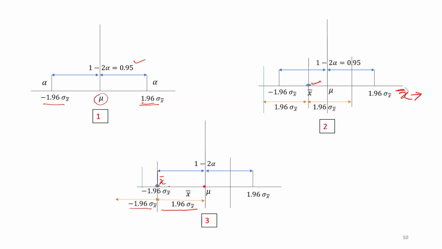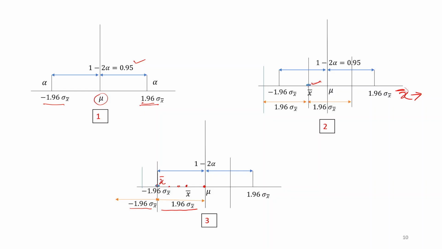If it falls here or here, and if you draw the right hand and left hand side limits, it is going to cross the point where mu, the population mean, is lying.